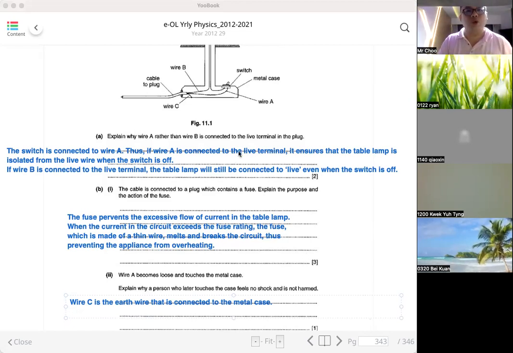There's a loose wire touching the metal case, so the metal case actually has some potential. So when you touch the metal case, why don't you get shocked? Do you know why? Okay, let me explain to you why. This I did not explain clearly in the past. So let me explain.